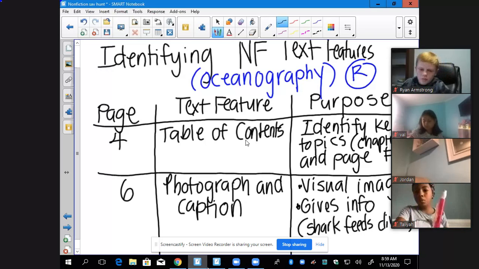Oh my gosh, did I really just write that? My friends at home, did you see what I just wrote? Shark feeds diver. That should say, what should that say, everybody? Diver feeds shark. I was just seeing if you guys were paying attention.